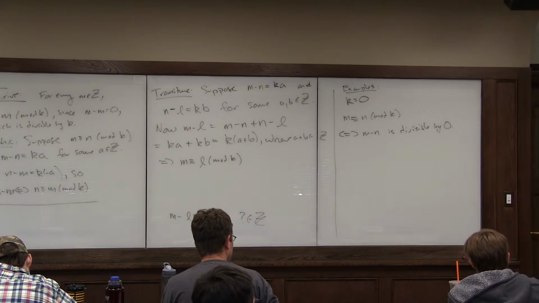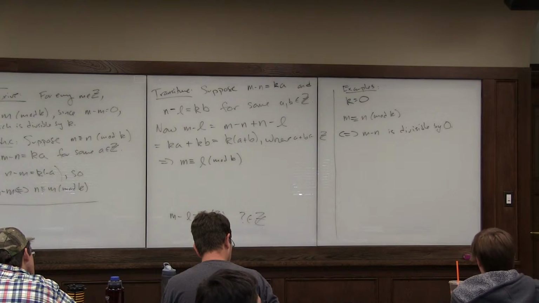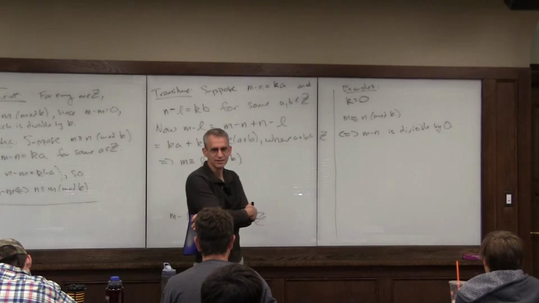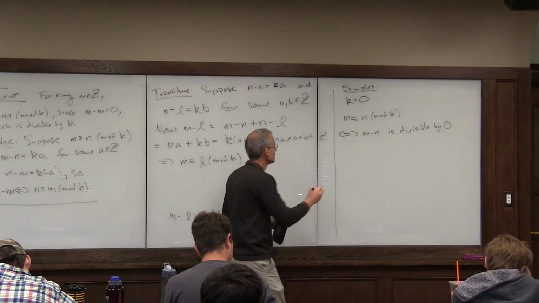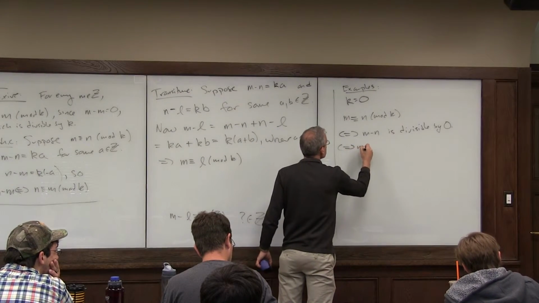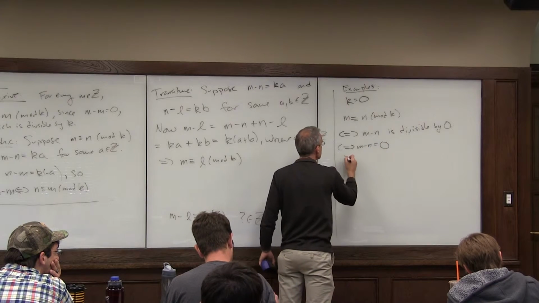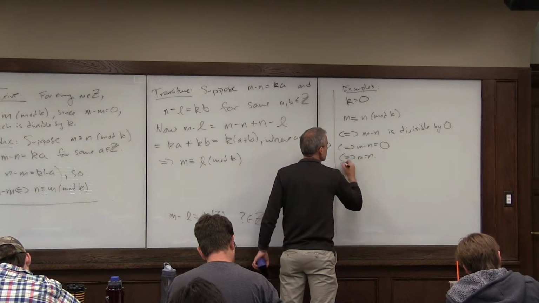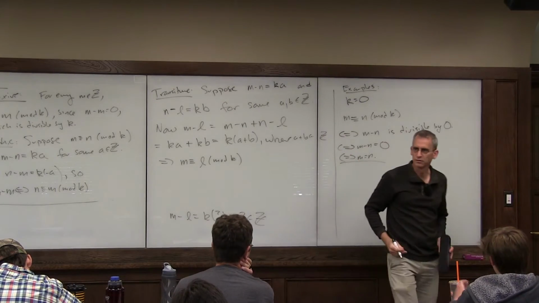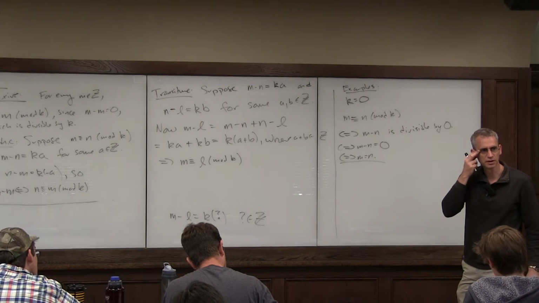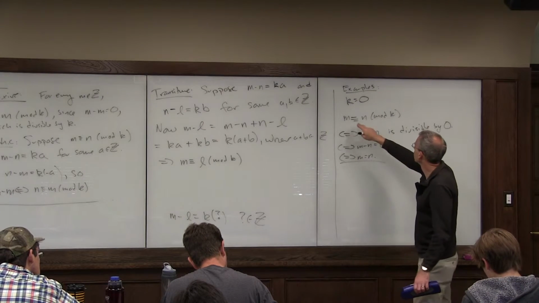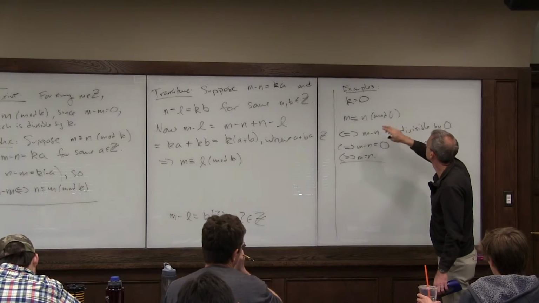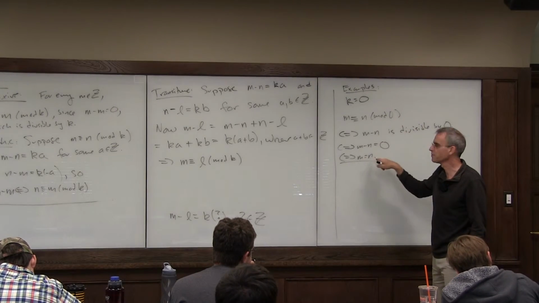And how many things are divisible by 0? Namely, 0. So that means m minus n has to be equal to 0, which means m is equal to n. So this is one of our trivial equivalence relations: m equivalent to n mod 0 means precisely that m equals n.